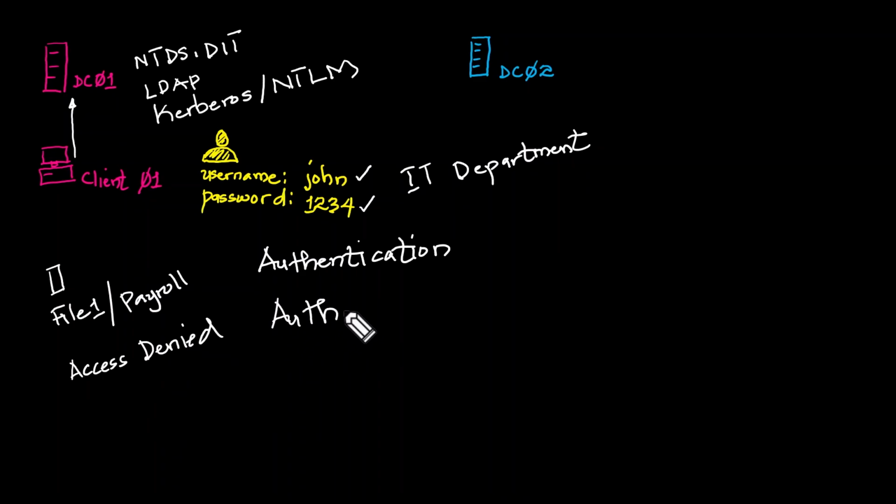So we have another thing called authorization, right? So again, Kerberos does both authentication and authorization for Active Directory. Okay? So just because a user is authenticated doesn't mean they are necessarily authorized to access everything within the organization. So just because you work with the organization doesn't mean that you can just access any file or folders.